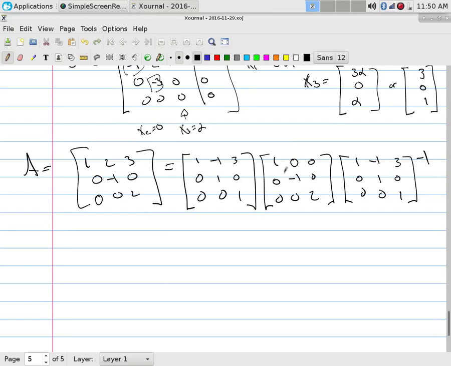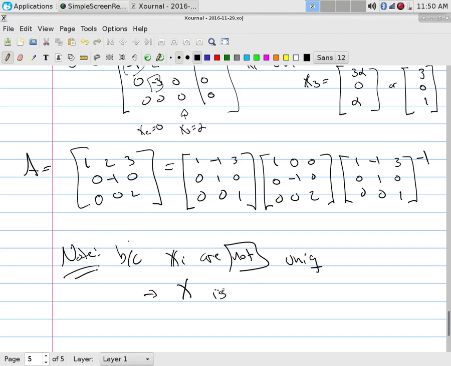So if you didn't have A, you'd have to be given those eigenvectors. If I give you the eigenvalues and vectors, you could write it however you want. But from A, you should be able to find eigenvalues. You can find eigenvectors. But note, because the xi are not unique, that implies that x is not unique.